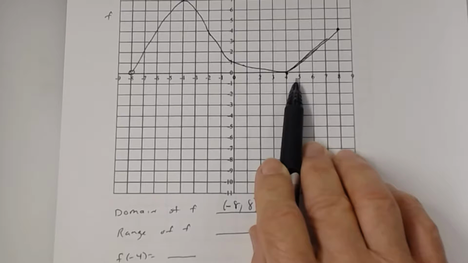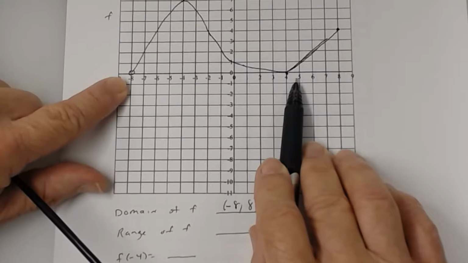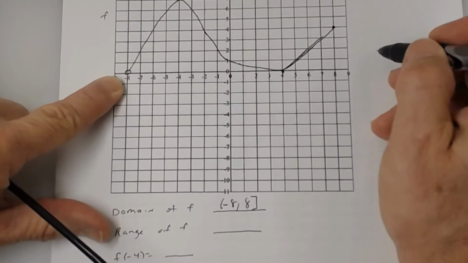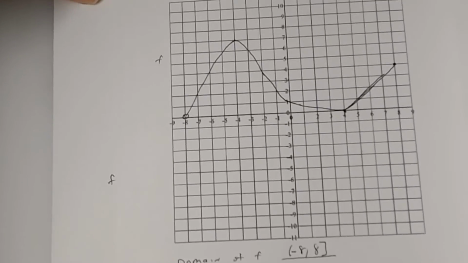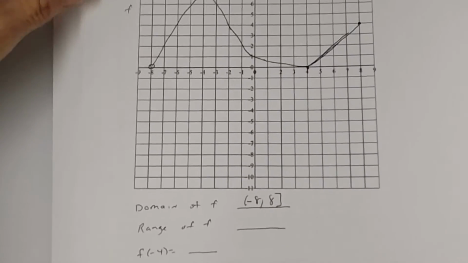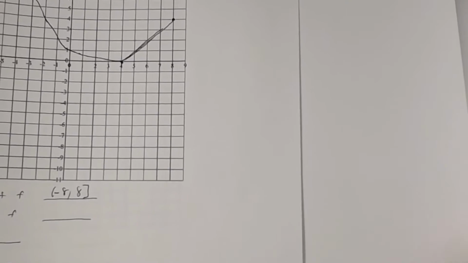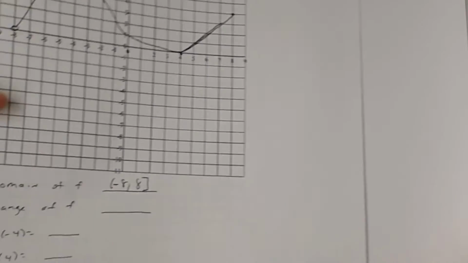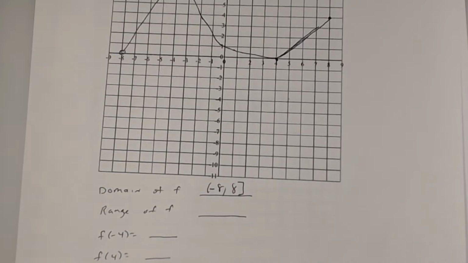Okay? So don't let that right here confuse you. It would be a little bit different if I had this. I don't have an extra graph, so let me just do this.